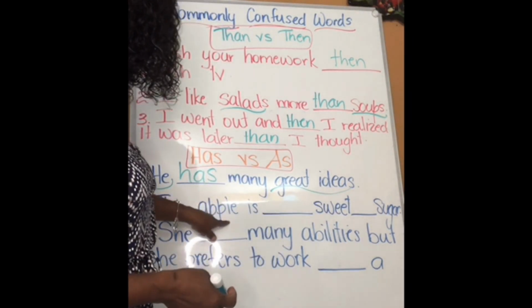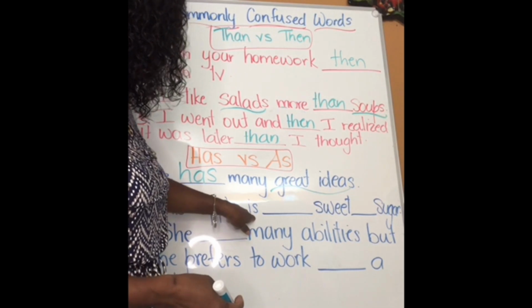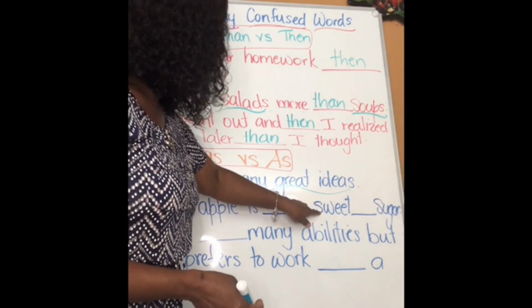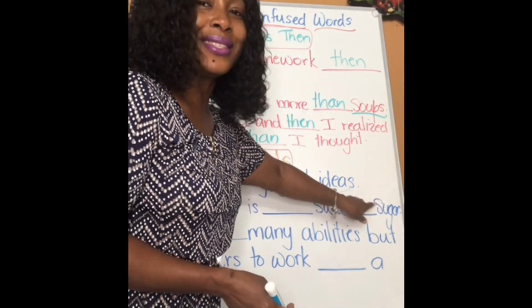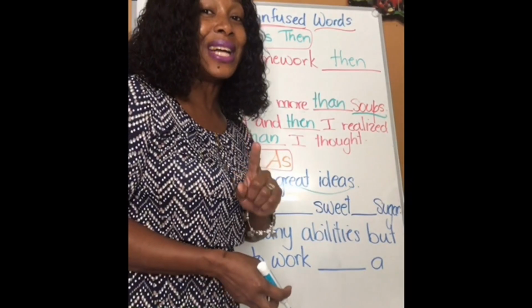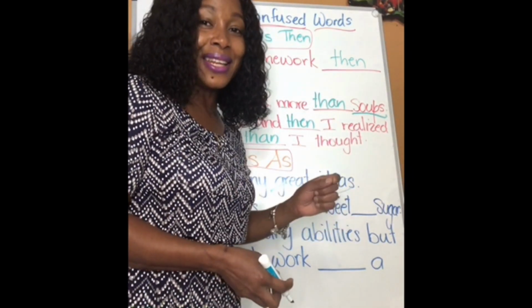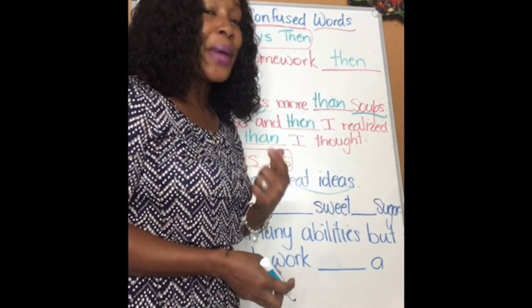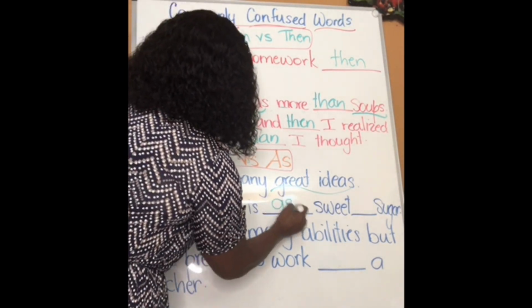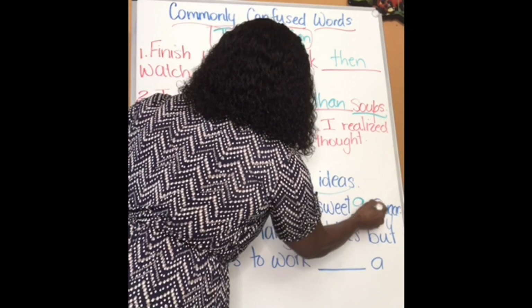This apple is has or as sweet, has or as sugar. Remember, we just said Usain Bolt is as fast as lightning. That's comparing. So the apple is as sweet as sugar.